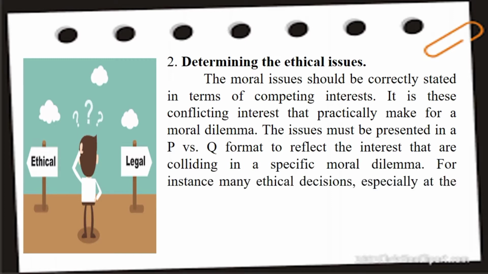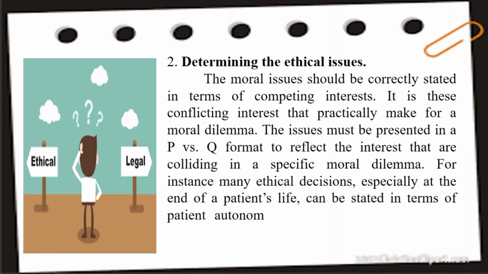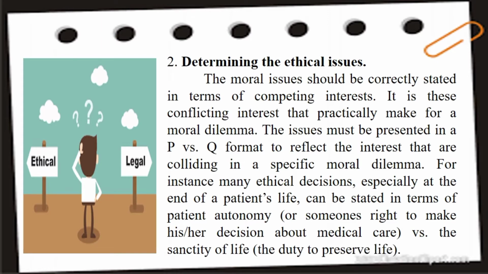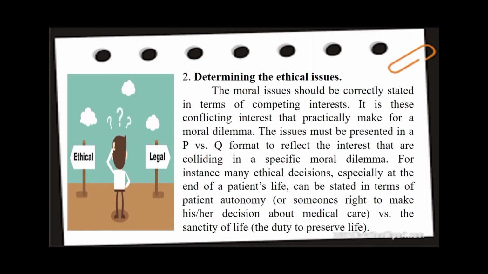For instance, many ethical decisions, especially at the end of patient life, can be stated in terms of patient autonomy, or someone's right to make his or her decision about medical care, versus the sanctity of life, the duty to preserve life.